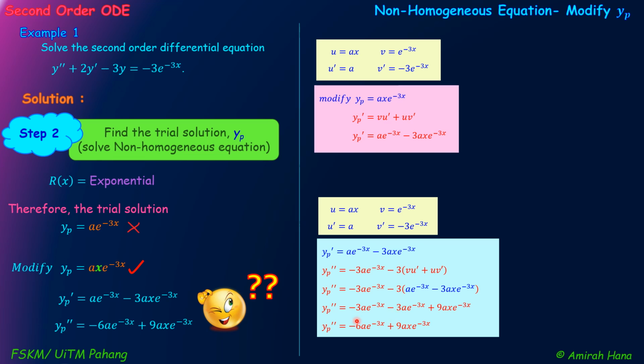And then from the first two terms here, we can simplify. We got negative 6ae to the power of negative 3x, and then plus 9axe to the power of negative 3x. Okay, we got this for yp double prime, right?